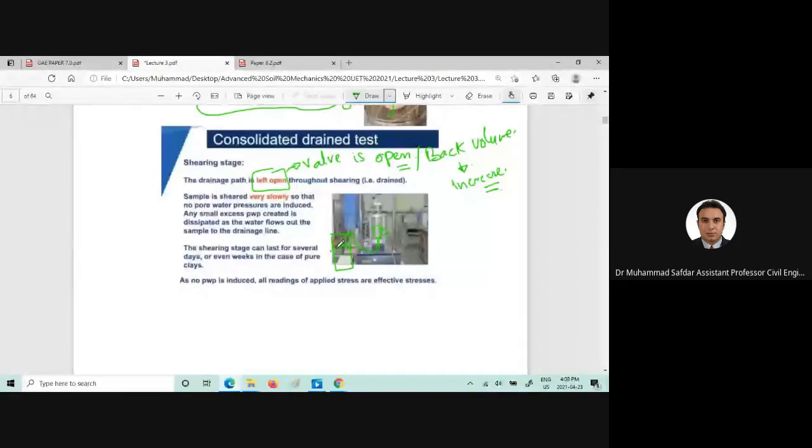It was filled till here, and now the pump will move till this point, so the pump would be filled till this much volume. So the volume of the water will increase, and that's how the GDS back pressure controller monitors or records the volumetric changes.